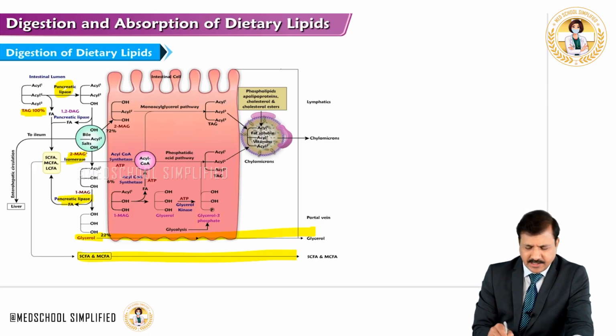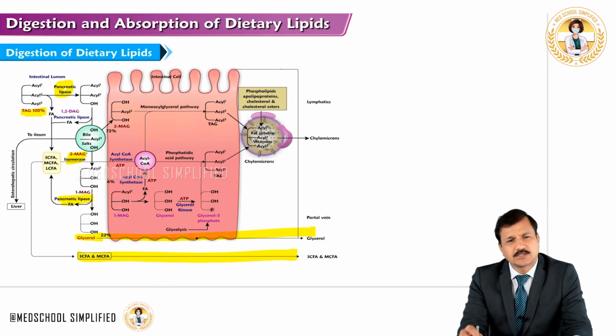Short and medium chain fatty acids also go into portal circulation after absorption through enterocytes, whereas other free fatty acids containing long chain fatty acids, and then cholesterol, cholesterol ester, phospholipid, all of them need to be re-esterified in the smooth endoplasmic reticulum.